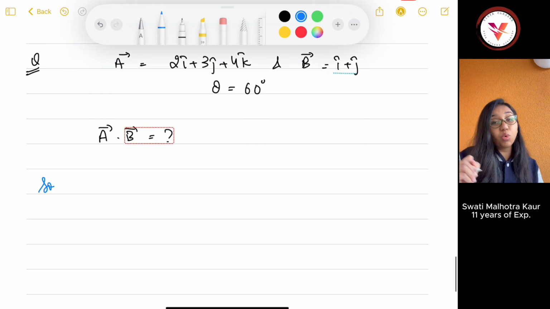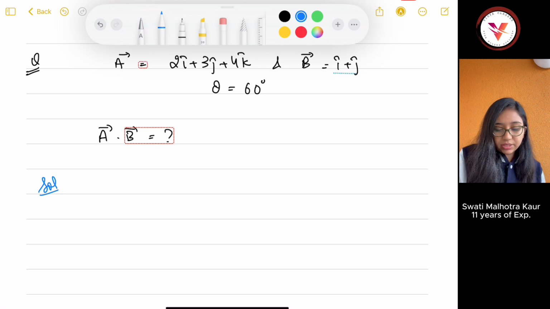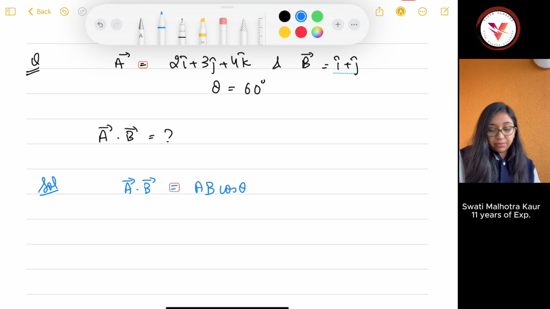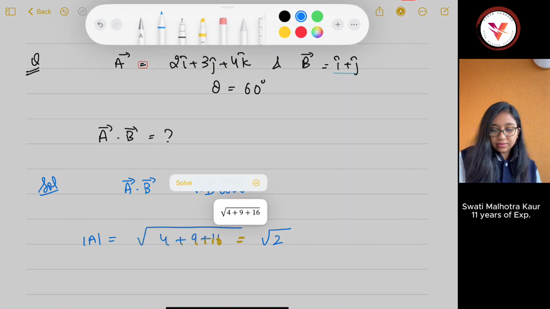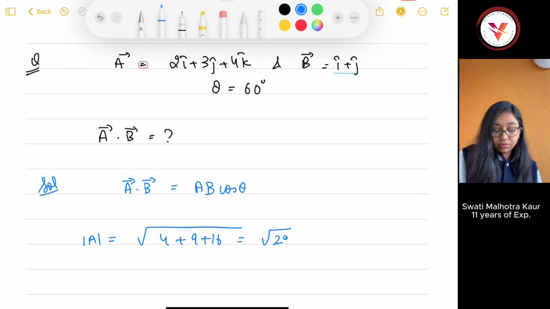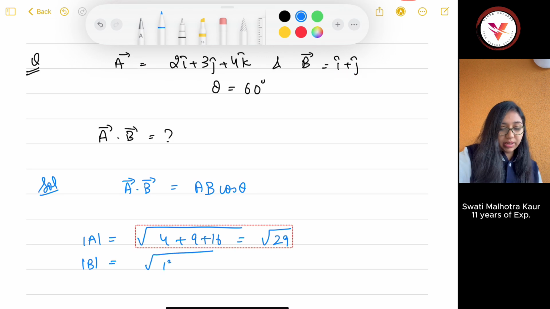And there is one more method, we will learn that later. But for this A vector dot B vector, which is magnitude of A, B, cos theta, you simply have to calculate the magnitude of A, which is 4 plus 9 plus 16, and it gives you 29. And then you have, okay, this gives me the solution for A. Then for B, 1 square plus 1 square, that is 2.